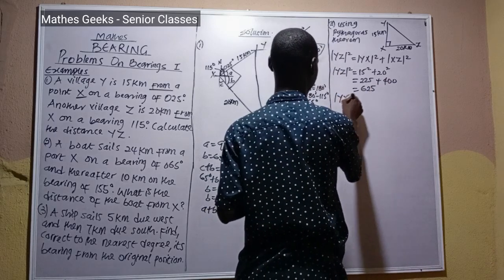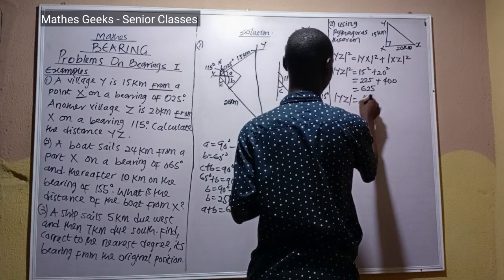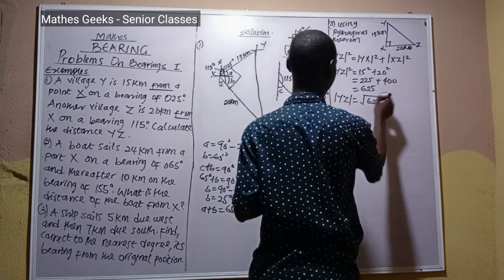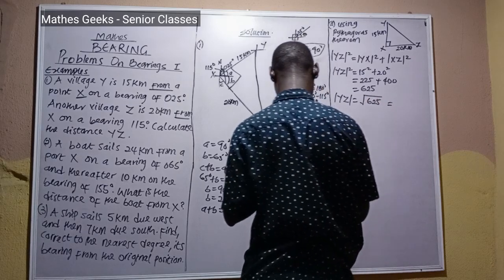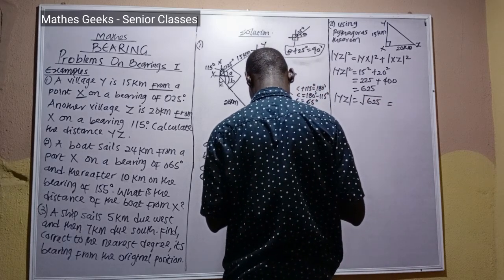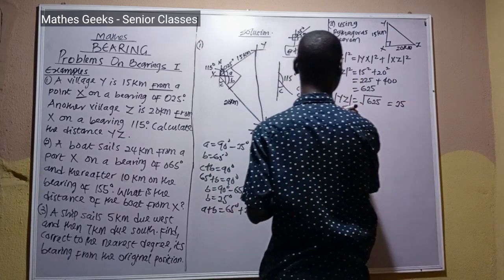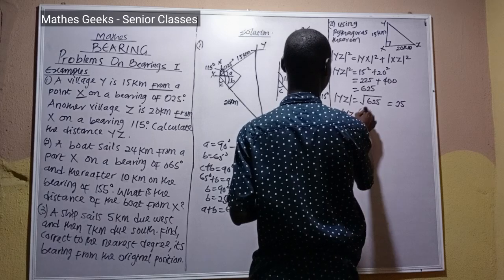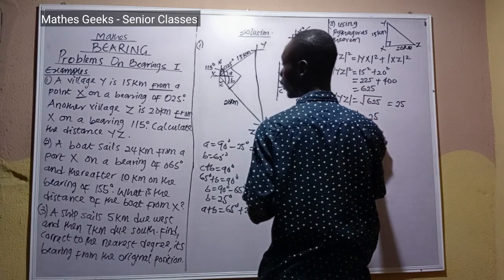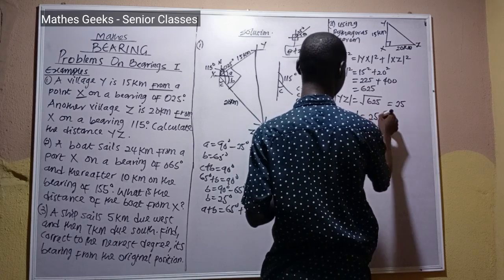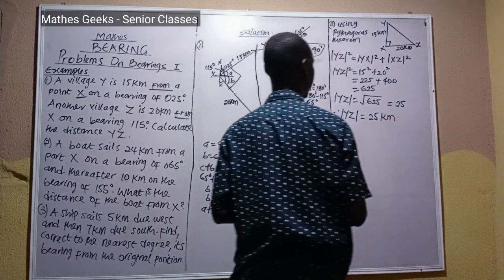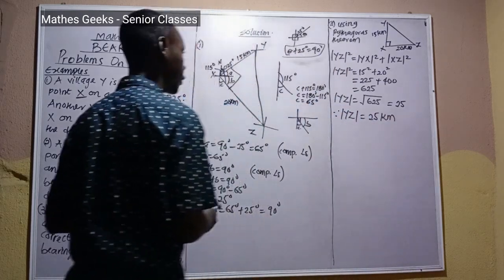So line YZ is equal to the square root of 625, which is 25. Therefore line YZ is equal to 25 kilometers. So that's the answer.